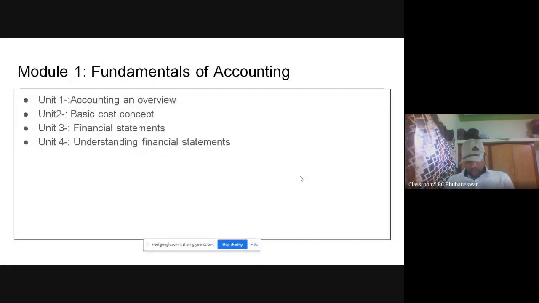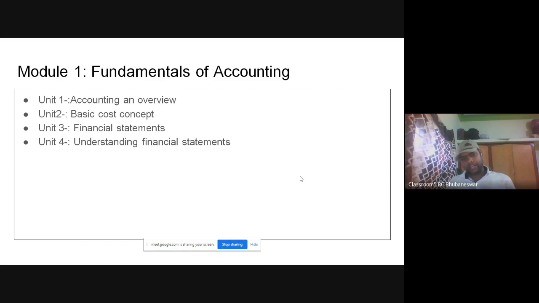Okay, so come towards our first unit. The first module is having 4 units to cover. The first unit is relating to accounting, which includes the introductory part. Then the basics of cost concept, relating to cost accounting and preparation of cost sheet.